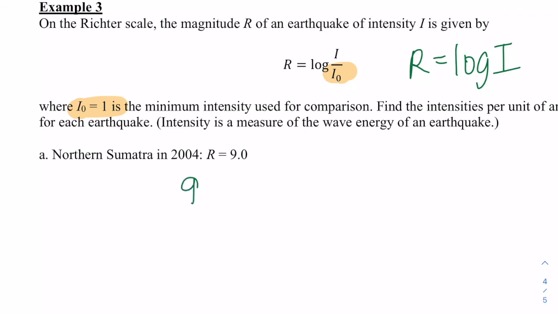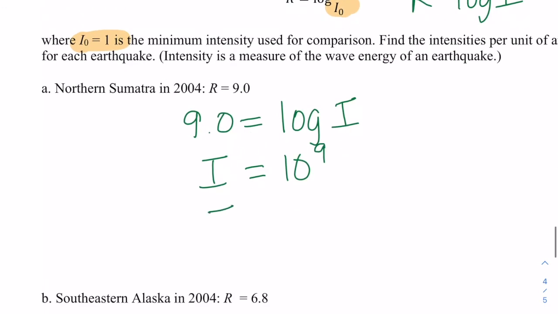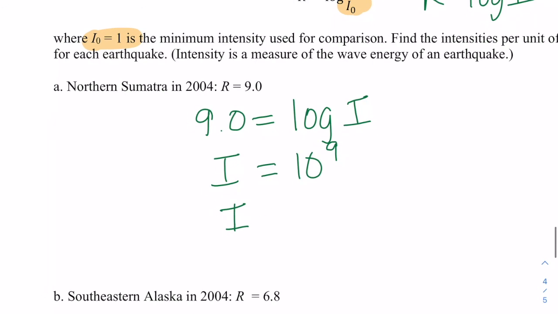So we'll just say 9.0, or 9, equals the log of I. And from here, we have a log on one side, so we can rewrite this in exponential form as 10 to the 9th, which will be 1 billion. Put all those zeros there.